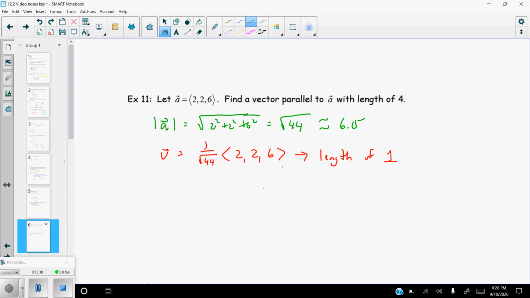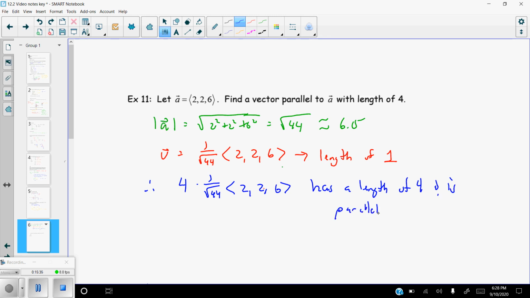So, therefore, to find my specific vector, I just take 4 and multiply it by the unit vector, which now has a length of 4 and is parallel to the original vector. That's it. Obviously, that can be simplified. I could distribute the 4, I could factor out a 2, I can do all kinds of other stuff. It's perfectly fine the way it is.